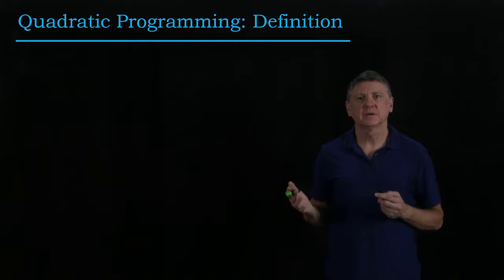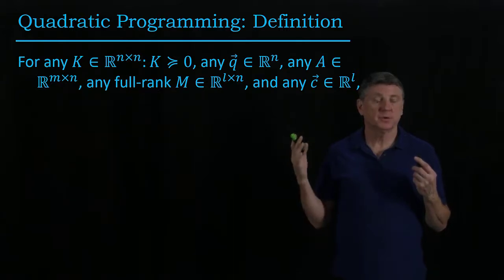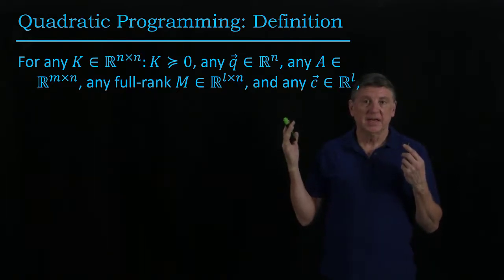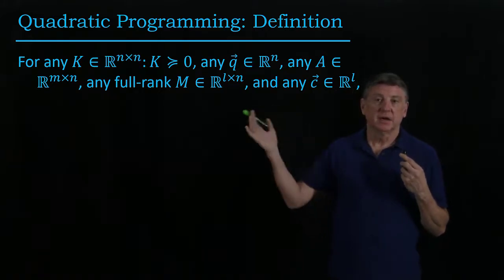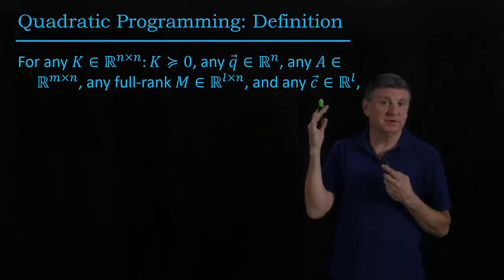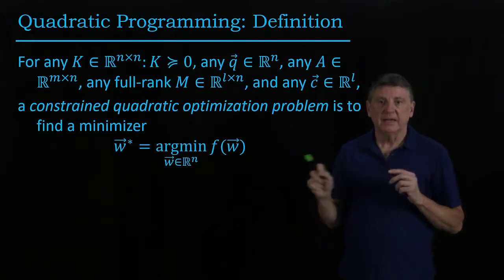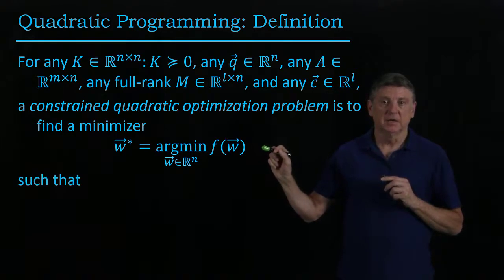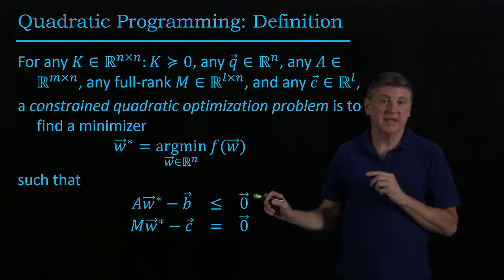Let's briefly explore this a little more formally. What we mean is that if we have any matrix K that is symmetric, positive semi-definite, any constraint vector Q of appropriate size, any matrix A whatsoever, that's our inequality matrix, of an appropriate size, any full rank equality matrix of an appropriate size, and any other constraint vector of an appropriate size, we're saying that a constrained optimization problem, a quadratic problem, is that we're trying to minimize a quadratic function such that we have a set of inequality constraints, and this matrix doesn't have to be full rank.